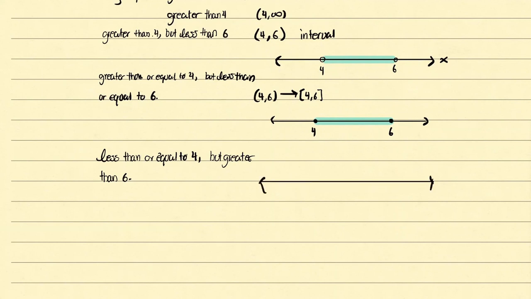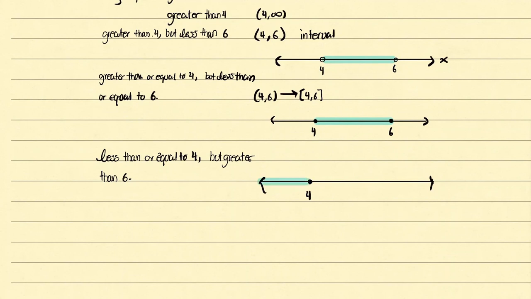Less than or equal to 4, well, that means I should have a closed circle where 4 is. But is less than or equal to 4 this direction or this direction? Here are all the numbers less than 4. So it is this region in this direction. It's less than or equal to 4. So that little portion describes this direction.